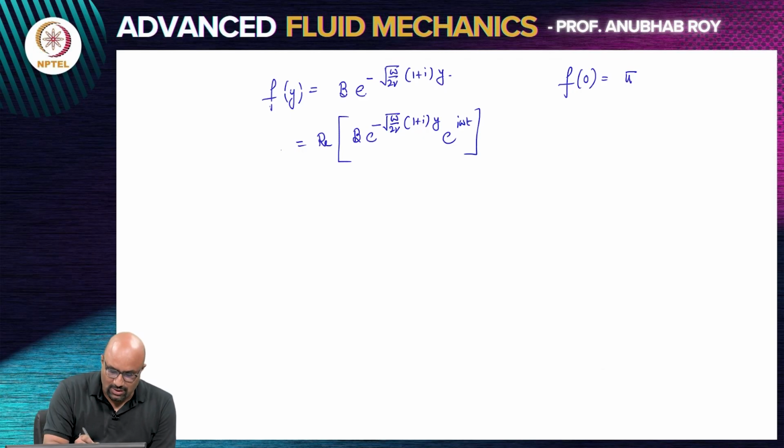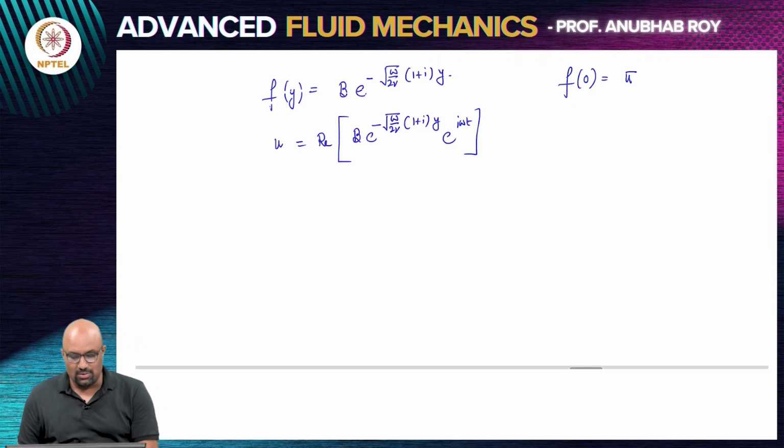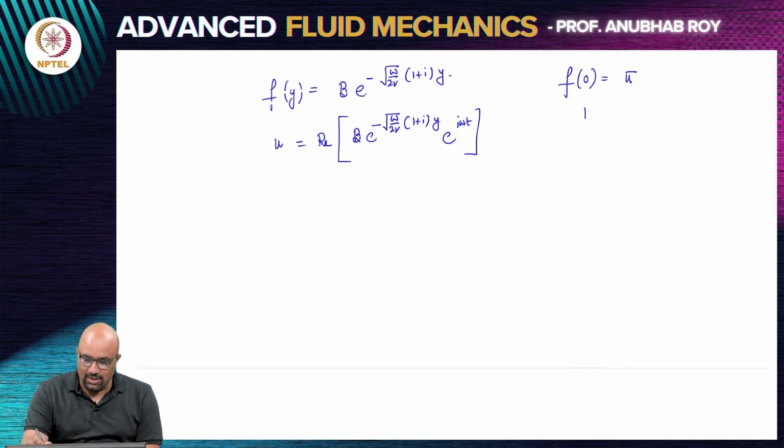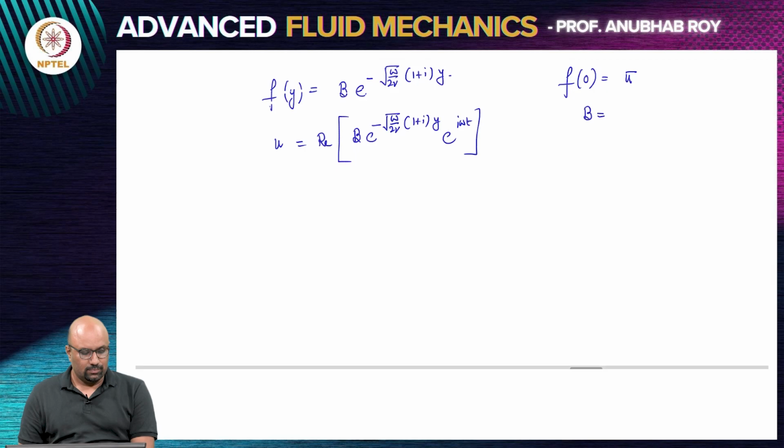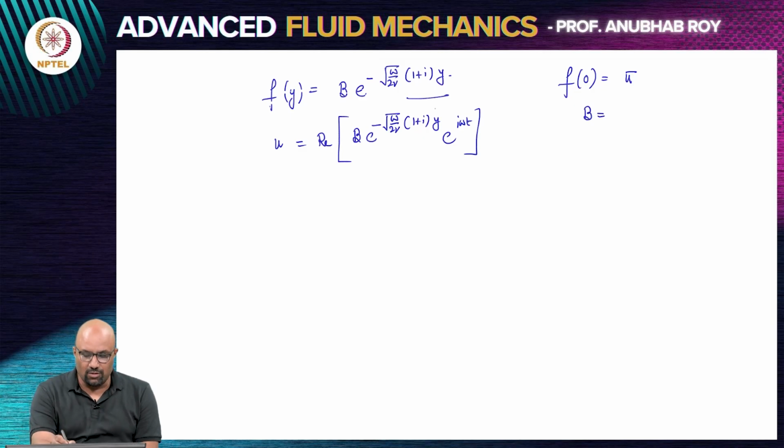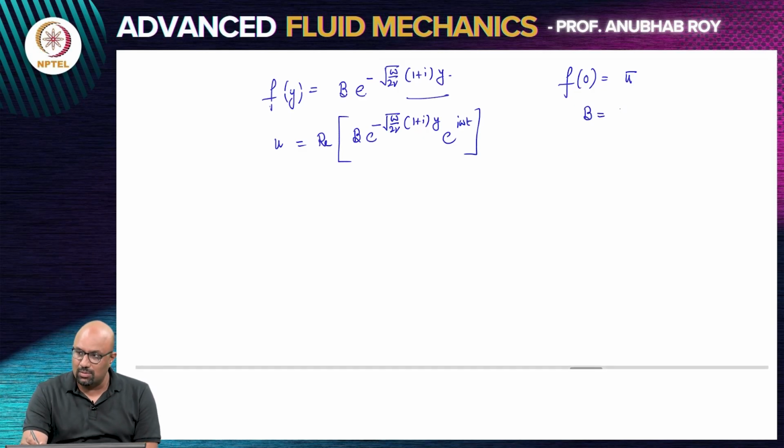So, this is actually just u, not u bar. So, f at y equals 0 is u bar, which means if you substitute for y equal to 0, b is equal to u bar, right.